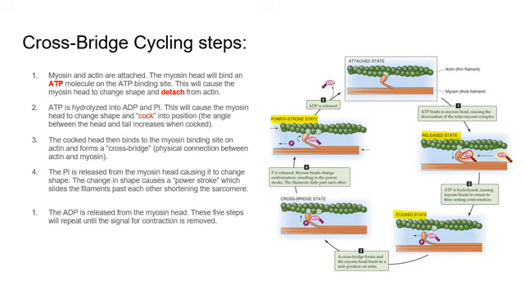This shape change causes a power stroke, which slides the filaments past each other and shortens the sarcomere. And then when the ADP is released from the myosin head, this step will repeat until the signal for contraction is removed.